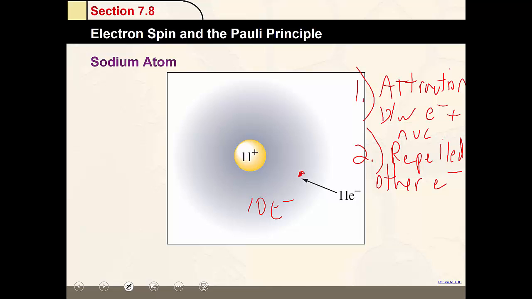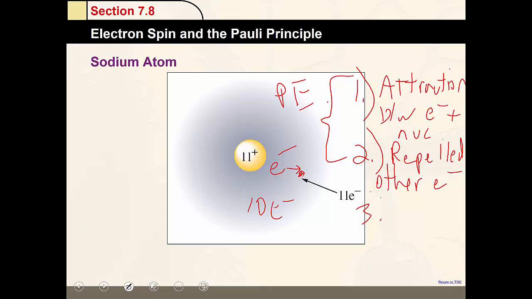We call that shielding, because this electron is not as close to the nucleus as it otherwise would be if no other electrons were present, because all these electrons get in between this electron and the nucleus, and they push that electron farther out than you otherwise might predict. So both of these energy contributions are potential energy.